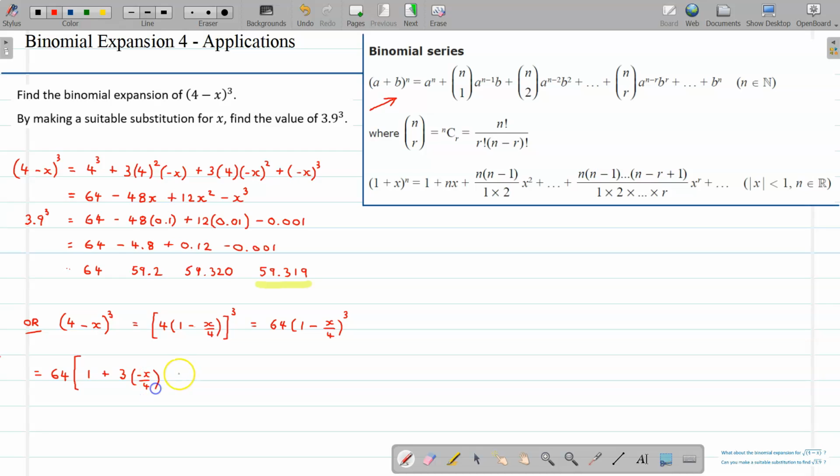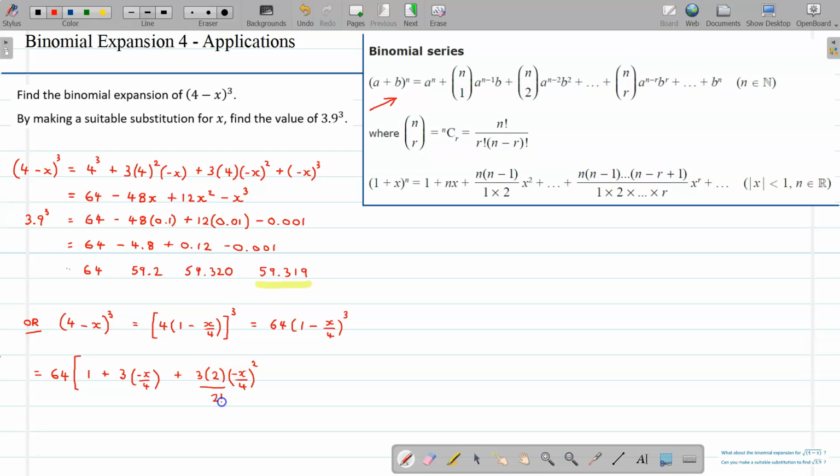Then it's going to be plus n(n minus 1) x squared. So when I say x squared, I mean negative x over 4 squared, and all of that has to be over 2 factorial.